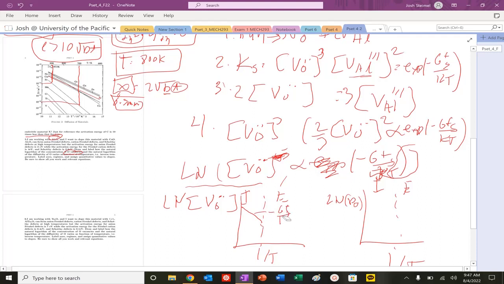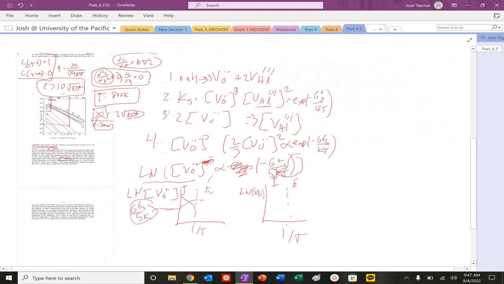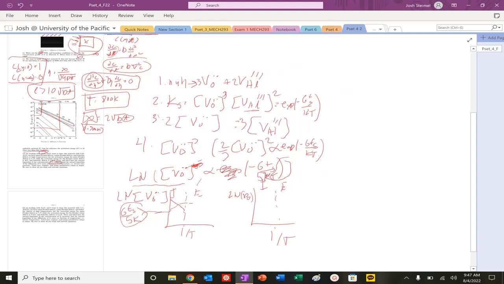Actually, I'm going to do it on the other side. So remember, I just take out that 5. This is just math at this point. So minus G formation of Schottky over 5k will be the value of that slope. Excellent. So that's just the intrinsic side.